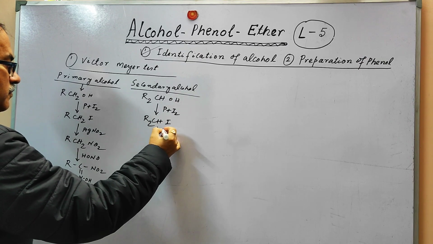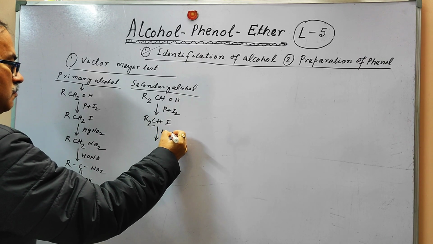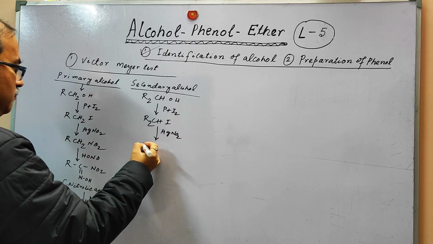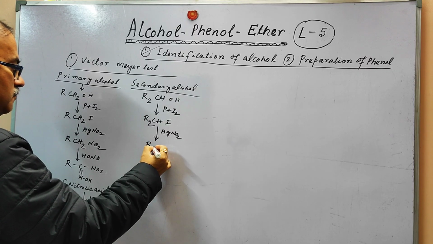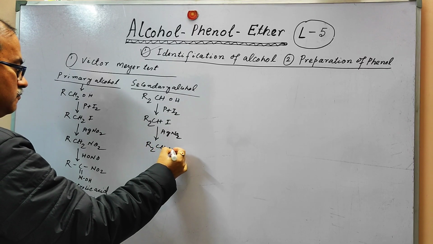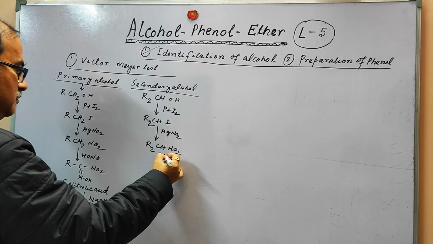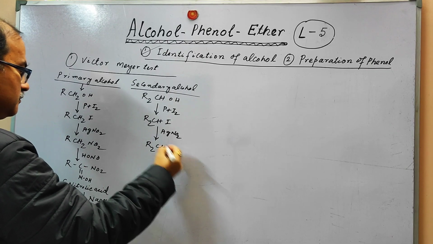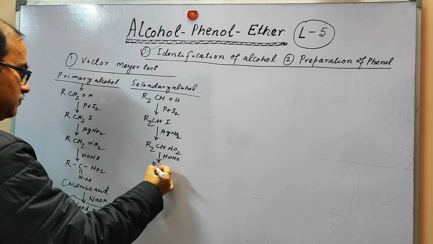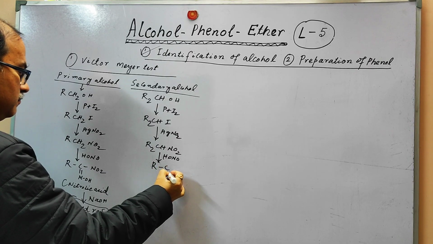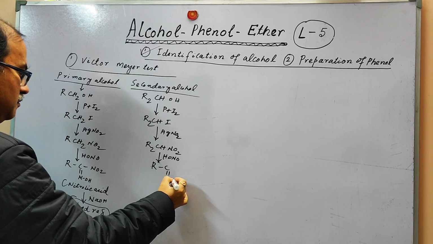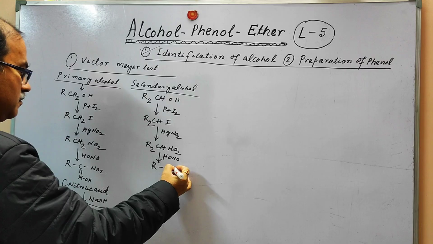Then we react with AgNO2 and it will again prepare R2CHNO2, then nitrous acid, and it is going to form R2C(NO)NO2.